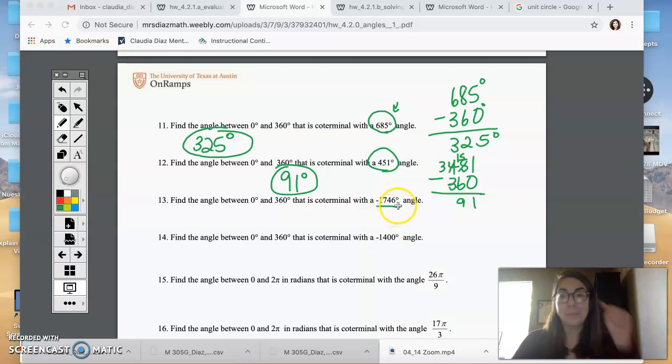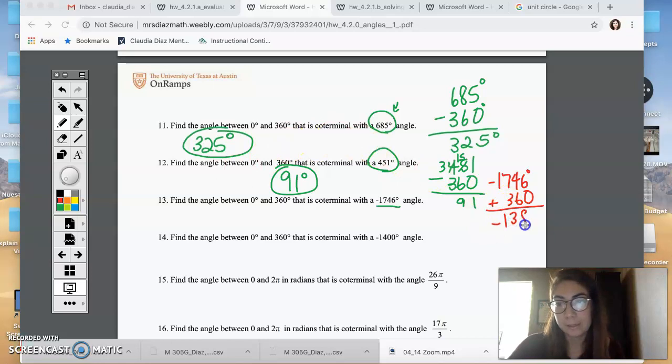Basically, we're going to add 360 as many times as we need to get a number that's between 0 and 360. So we have negative 1,746 degrees, and we're going to add a 360. You know what, I'm just going to pull out my calculator because that's a really large number, and I don't think it'll be that big on our test. So negative 1,746 plus 360 gives us negative 1,386.